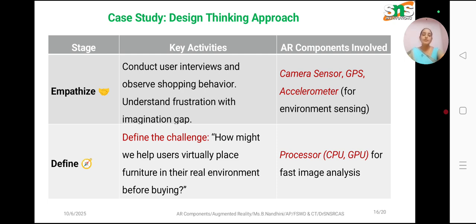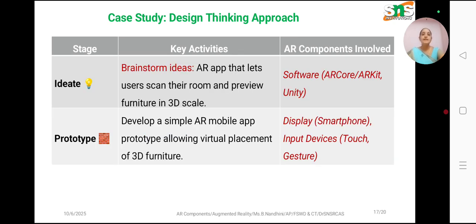So we need processor components. The third one is ideate, which is brainstorming ideas. We use AR applications that let users scan their room and preview furniture in 3D scale. So we need a set of AR software and AR tools.